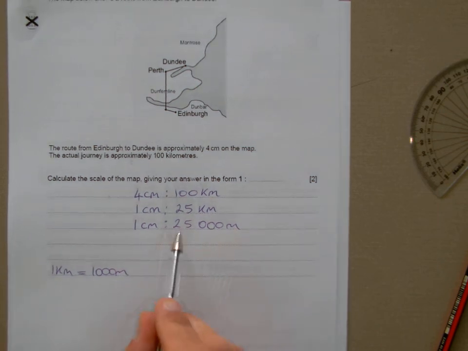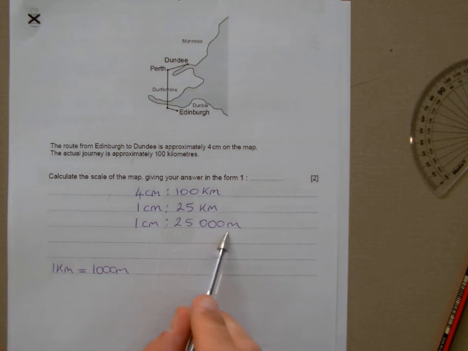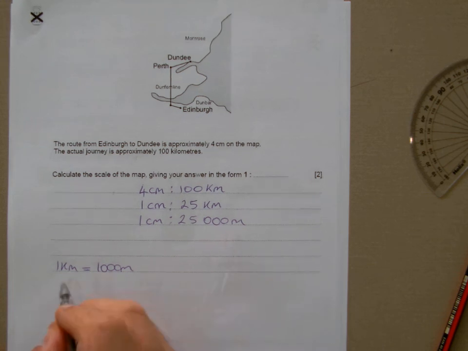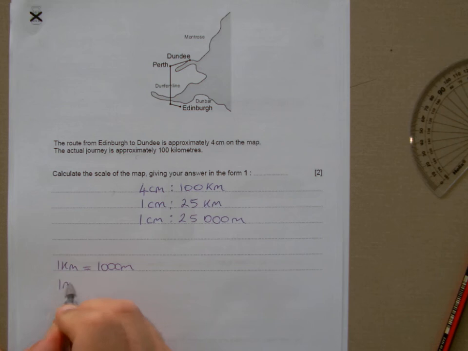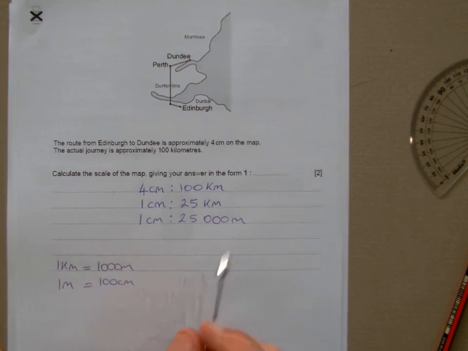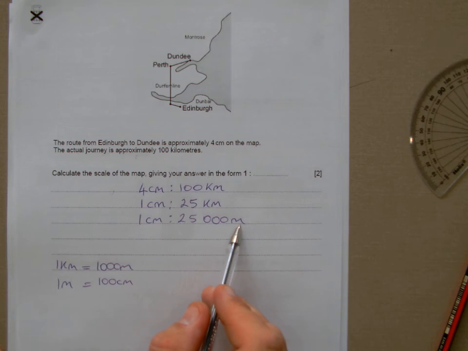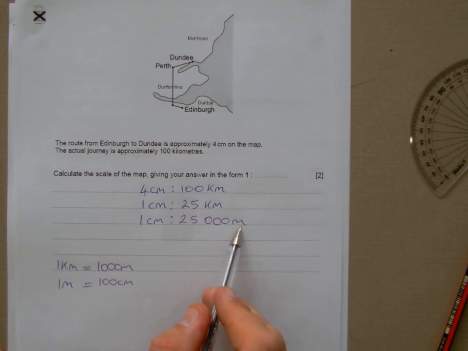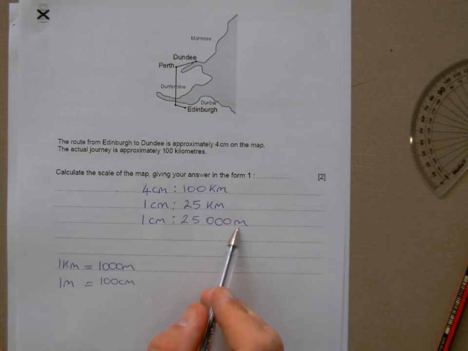Now we've done half a job, but I need to change it to centimetres. We've got metres there, and 1 metre is 100 centimetres. So to change this to centimetres, I need to times by 100, in other words add 2 zeros on.